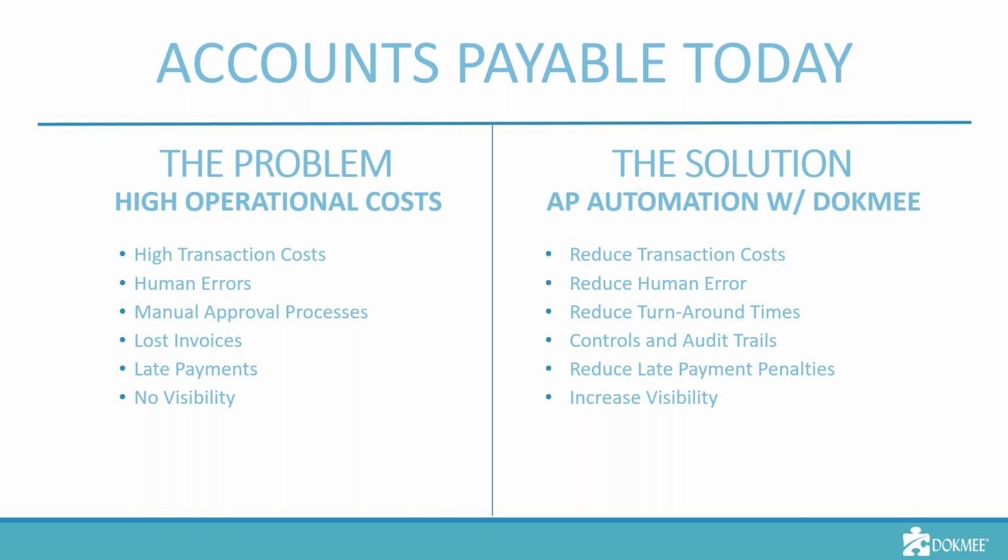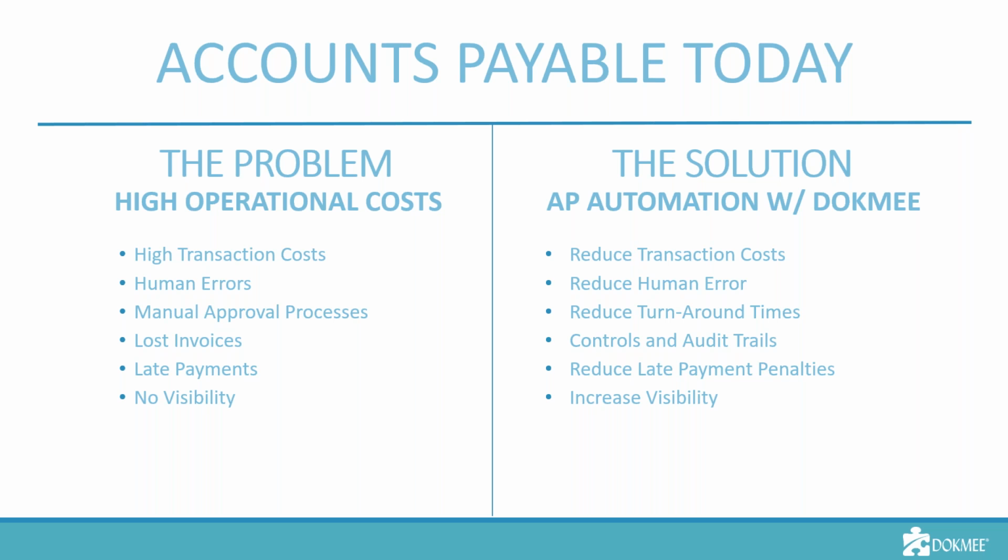Then there's also late payment penalties, and we're not taking advantage of maybe some early payment discounts that are available to us. And at the end of the day, we have no visibility or very little visibility into what is actually going on. Where in the approval process is everything? Who has what? It can feel like something just goes into a black hole. We do not have good control over this.